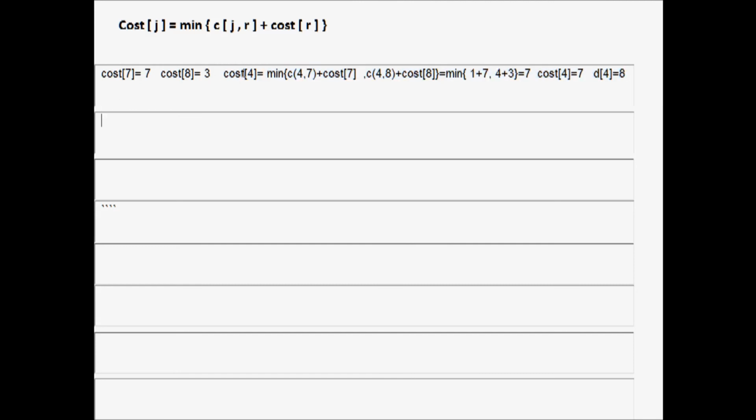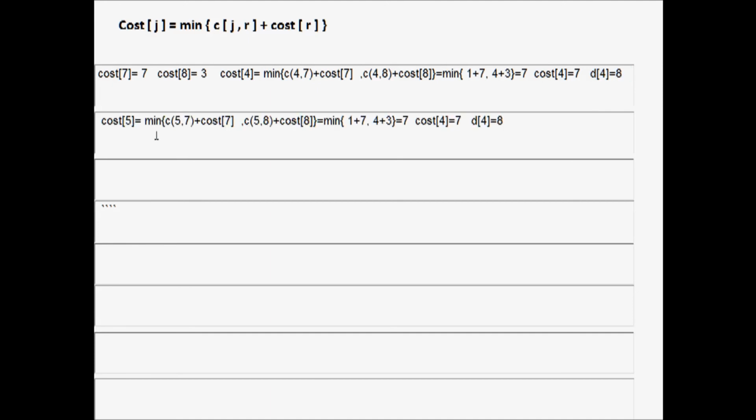That is, cost of 4 is equal to minimum of C of 4,7 plus cost of 7, and C of 4,8 plus cost of 8. Out of these two we have to choose the minimum, which in this case is calculated by this. So the minimum is equal to 7 and cost of 4 is equal to 7, and we have added that into the D matrix.